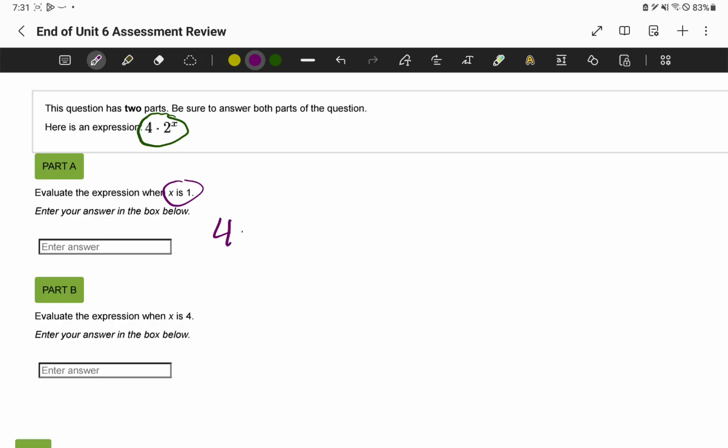So that means we're doing 4 times 2 to the first. Okay, because we're using 4 times 2 to the x. X is 1. So that's 4 times 2. 4 times 2 is 8. We're just replacing the x with whatever it tells us.